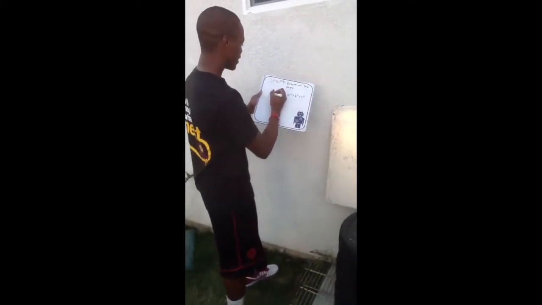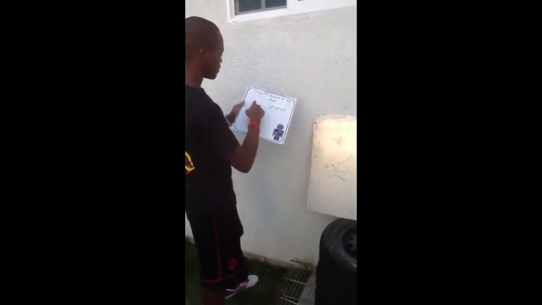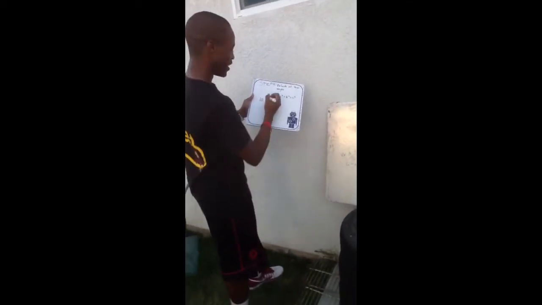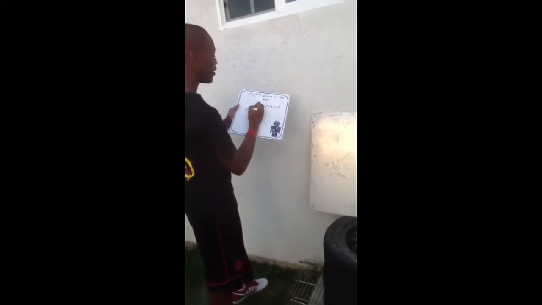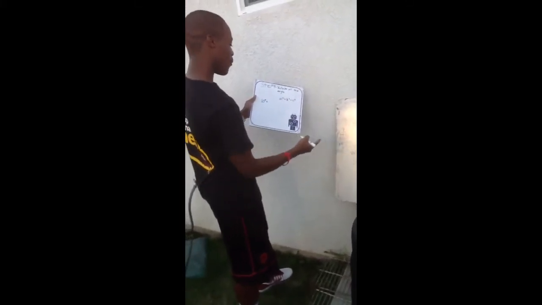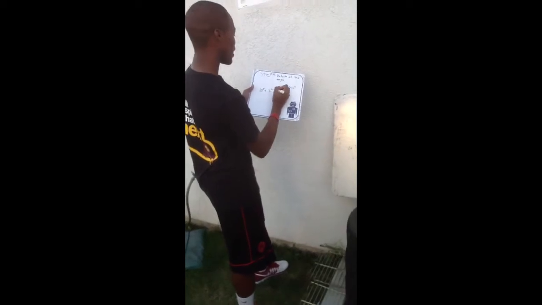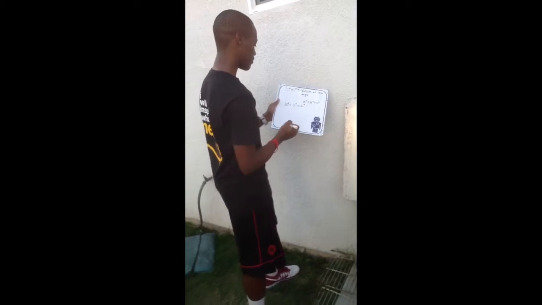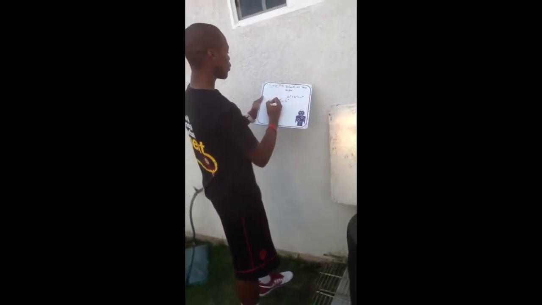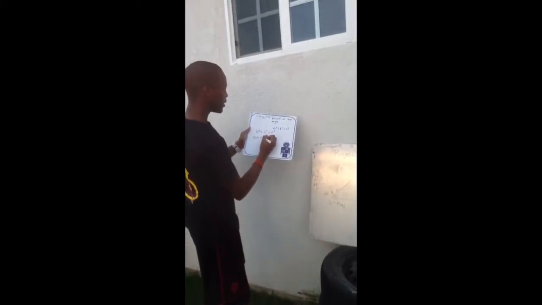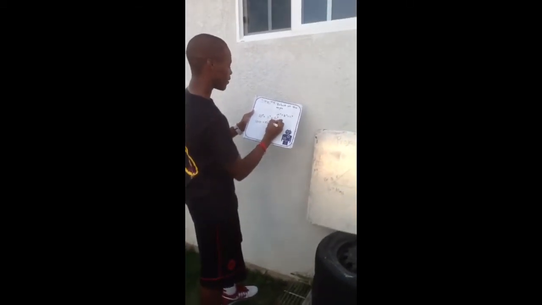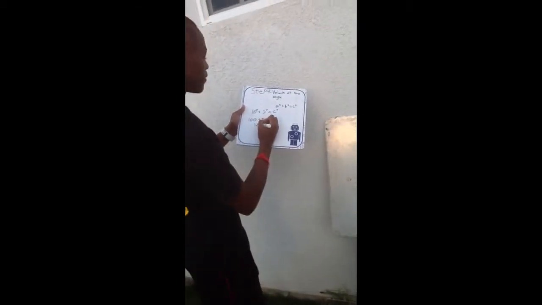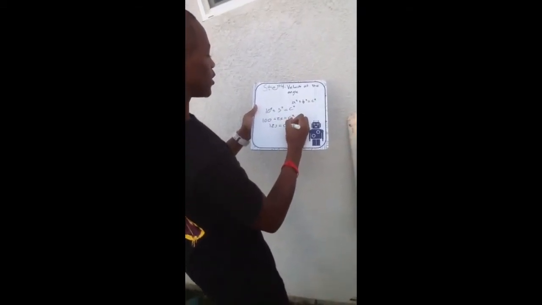A squared is simply Vx, which is 10 squared, plus Vy, which is 5 squared, which is equal to what we're trying to find, c squared. 10 squared equals 100 plus 5 squared, which equals 25. It's equal to our c squared. That equals 125 equal to our c squared.